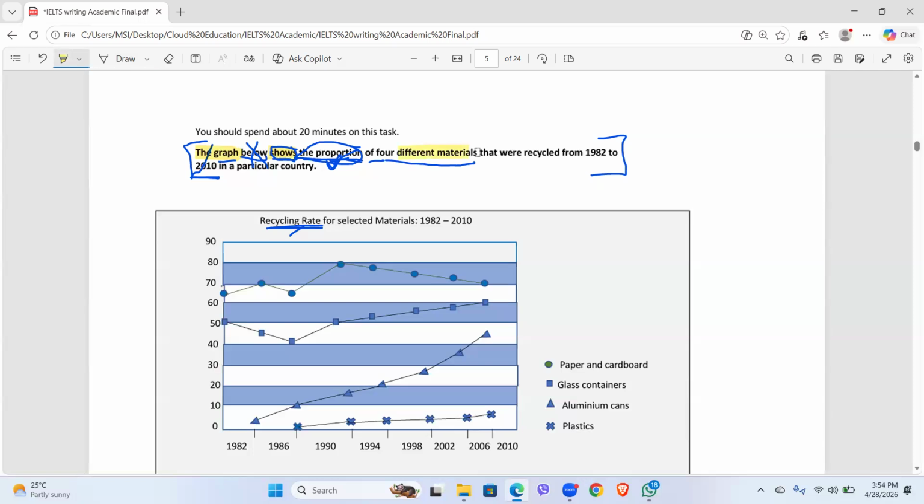Anita, any idea? In place of four different materials. No, any idea? Ramila? Can you speak, what can we write in place of four different materials while paraphrasing?